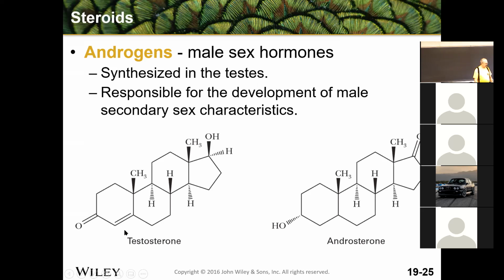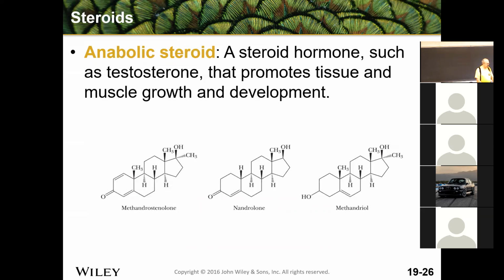Okay, there's one that's called dihydrotestosterone, okay, in which this double bond is reduced. And this is what's found in aging males, which causes hair loss and some other problems.